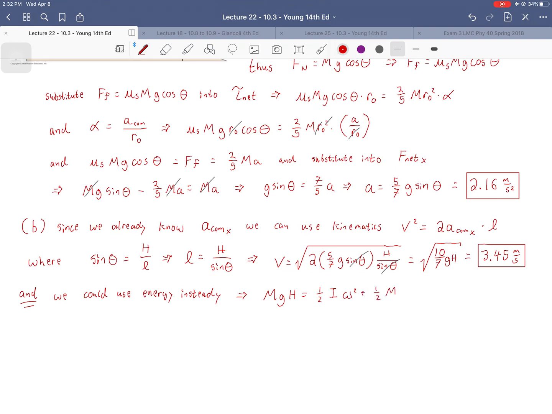So it would just be 1/2 I omega squared plus 1/2 m v squared. And then this would become 1/2 times 1/2 m r naught squared. Omega would be v over r naught.